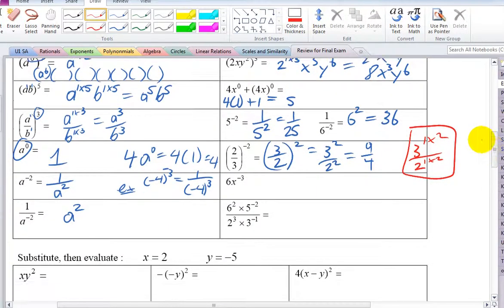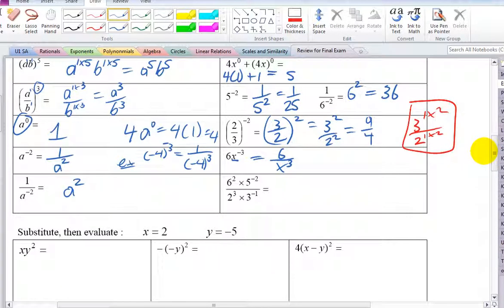Okay. Next one, only the base x has the negative 3. So nothing changes with the 6. Only the x and the 3 go to the bottom. Only if you have a negative exponent do you move. So for the next one, that'll be 36 over 8, and then we got to flip the other exponents.